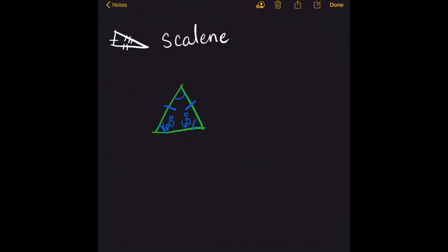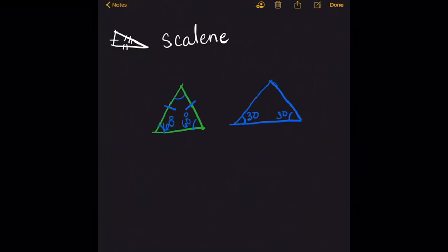So let's just say we had something more like this. And this said it was 30. And this said it was 30. And let's say that you knew that this side was 6 centimeters.